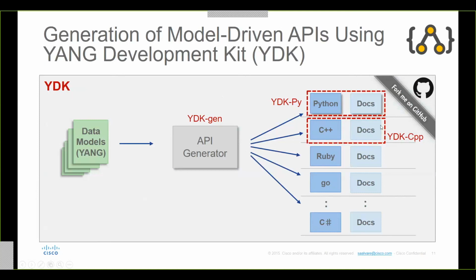What kind of data models do we use as input? We use IETF models, we use XR native models, and we use OpenConfig. Okay. As Nexus and IOS XE start to support more models and native models, we'll start creating bindings also in these repos, and you're going to find support for XE and Nexus.